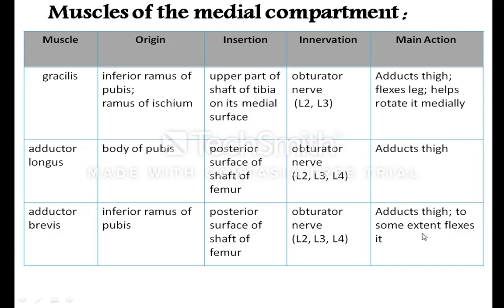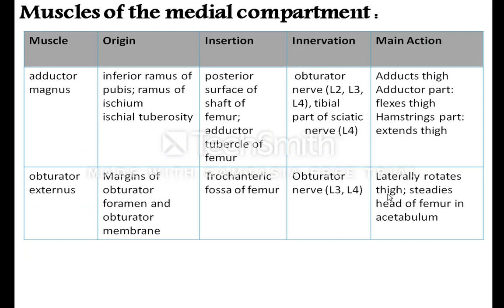The adductor brevis helps also in flexion, but the main action of this muscle is adduction. The adductor magnus, as we mentioned, has two parts, the adductor part and the hamstring part. The adductor part flexes the thigh, whereas the hamstring part extends the thigh.